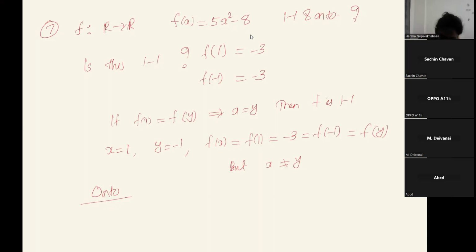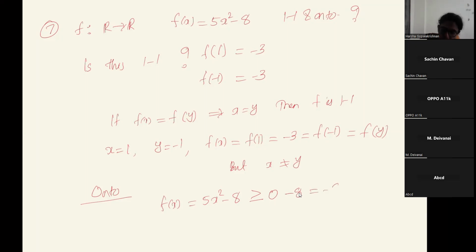Okay, let me explain. The given f of x is 5x square minus 8, correct? This 5x square is always greater than or equal to 0, right? Because x square is always positive. So this 5x square minus 8 should be greater than or equal to minus 8. Correct?